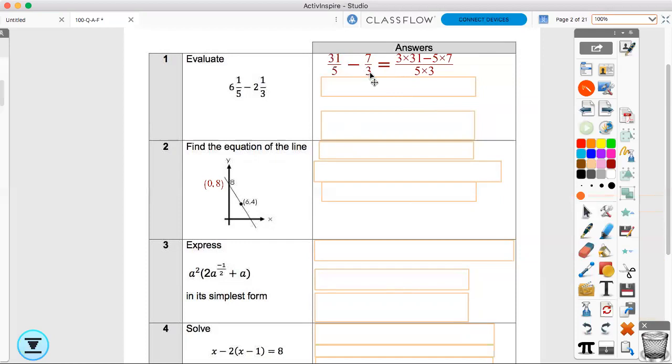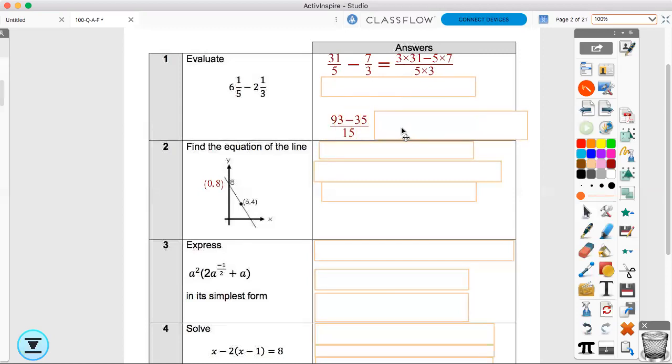If you've got the cross and smile or the kiss and smile method, you can just apply it to this, which gives you 3 times 31 minus 5 times 7, divided by 5 times 3. Okay, so that's how you would do it to get your first marks there.